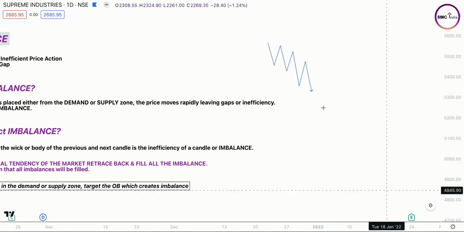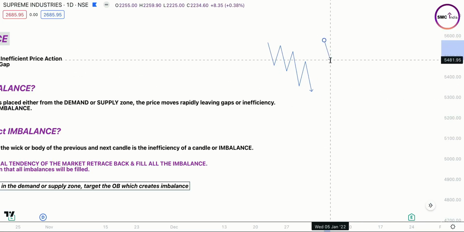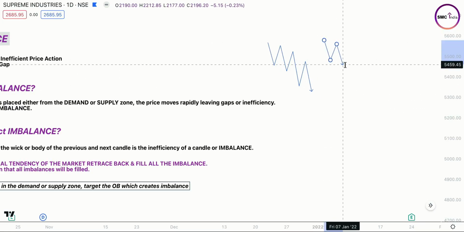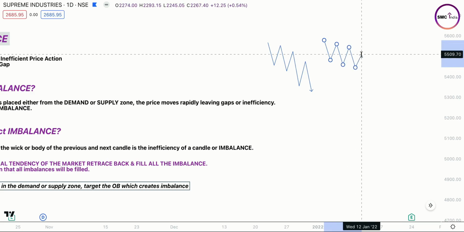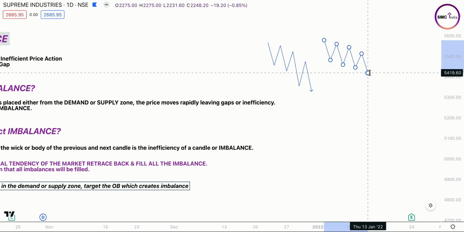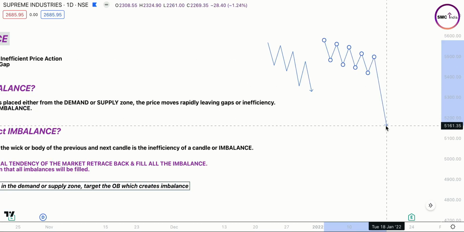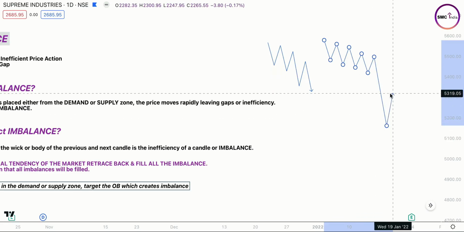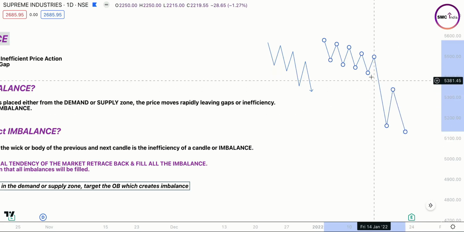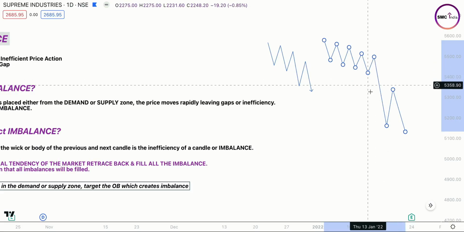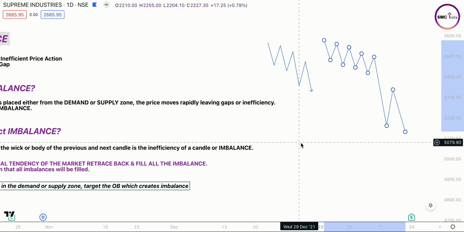But what is inefficiency? When you could see that the price moves up, comes down, moves up, comes down, and suddenly a huge sell order comes in the market and the price moves rapidly down from this supply zone. So this is termed as inefficiency. This gap or this inefficiency in the market is called as imbalance.